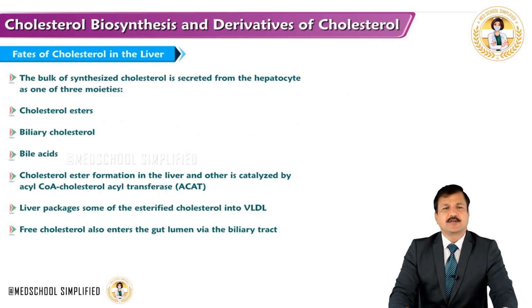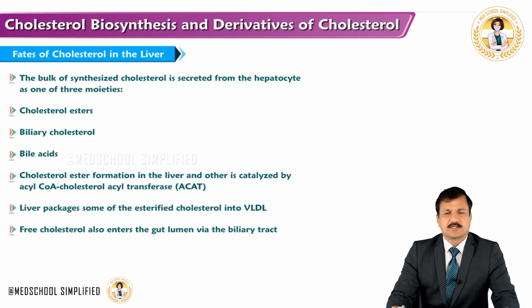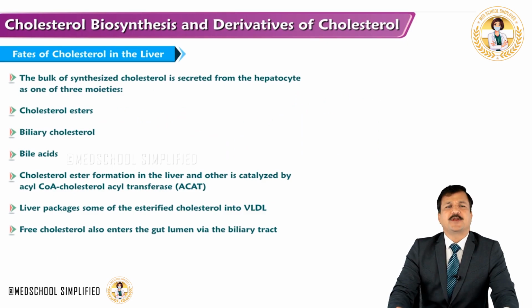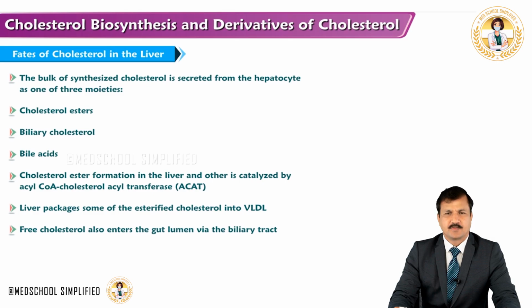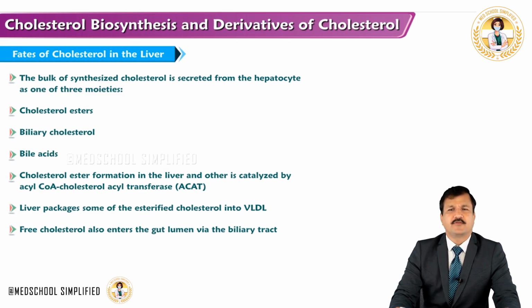Now before I get into bile acid synthesis, let me explain what the major fates of cholesterol synthesized in the liver are, because one of the fates of cholesterol made in the liver is bile acid synthesis. In that connection, we need to know what the other fates of cholesterol in the liver can be.